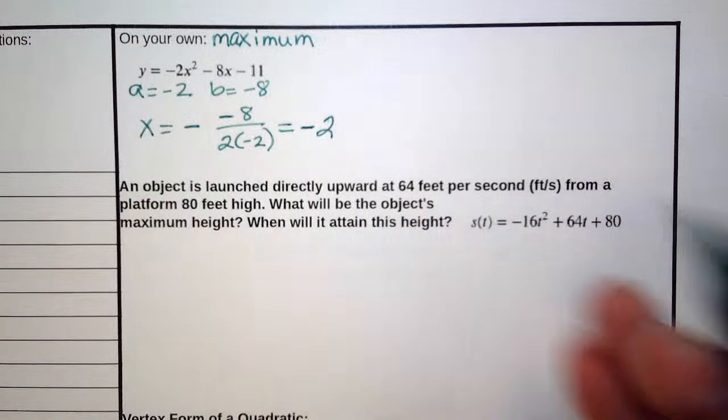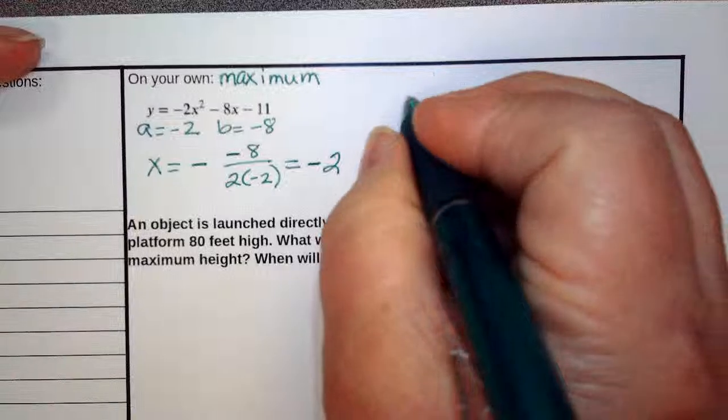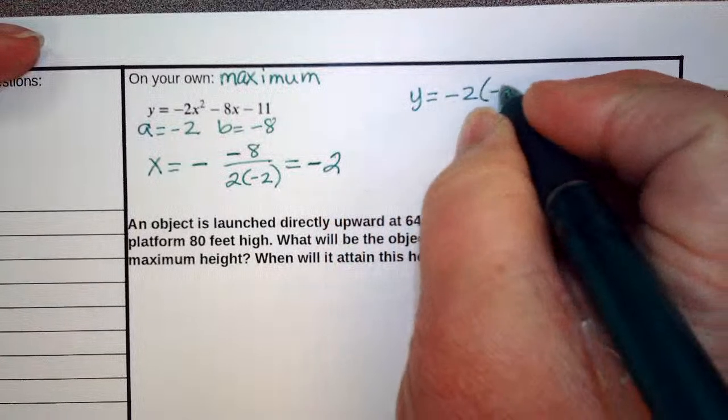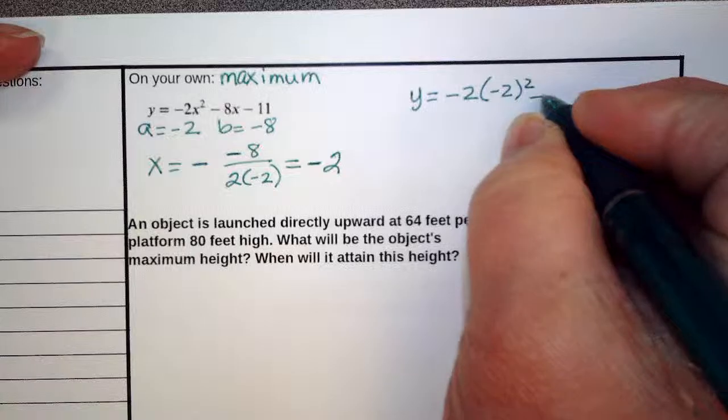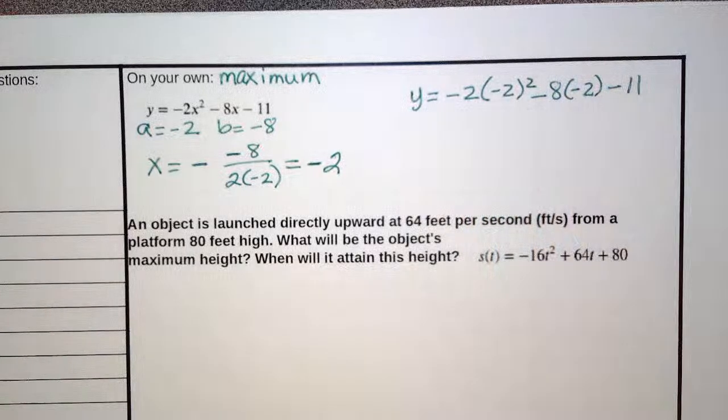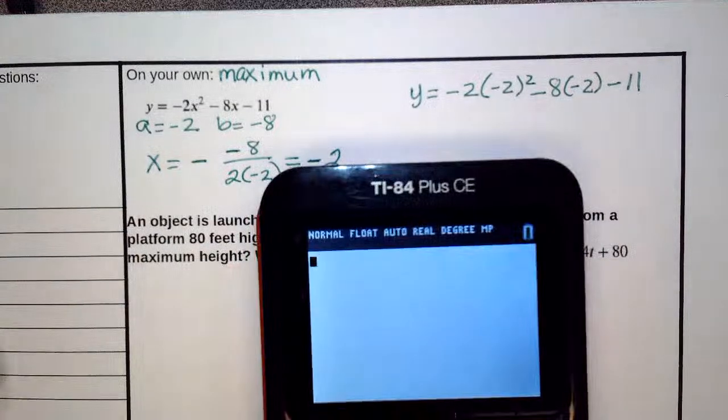What about Y? Y is equal to -2 times (-2) squared minus 8 times -2 minus 11. -2 times parenthesis -2 parenthesis squared minus 8 times -2 minus 11.